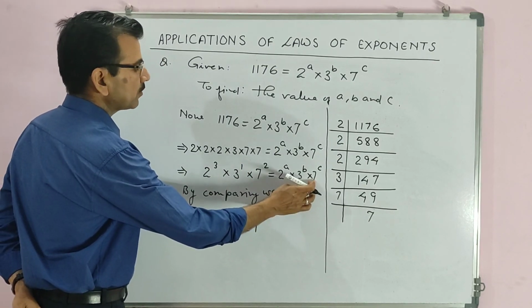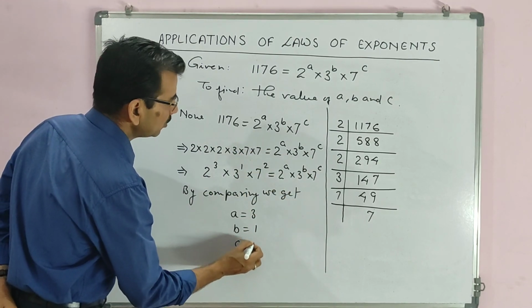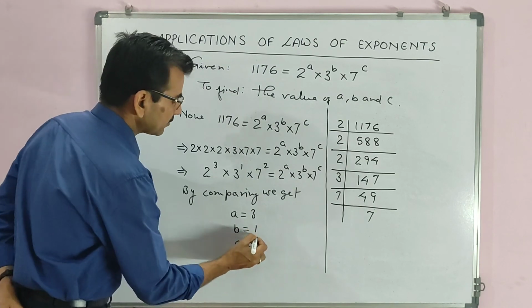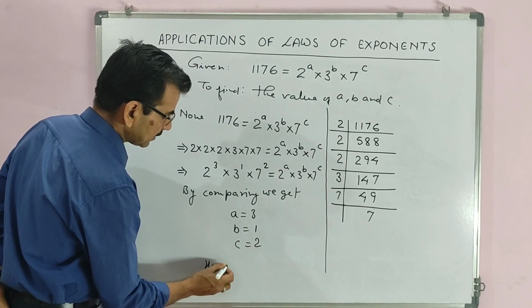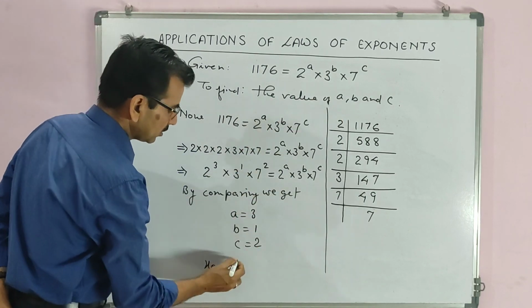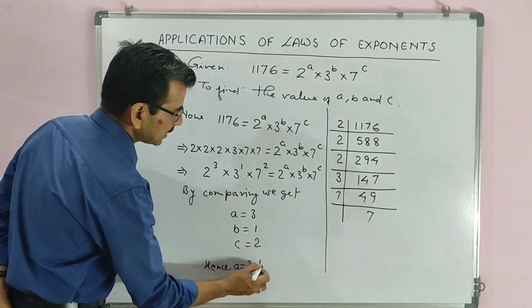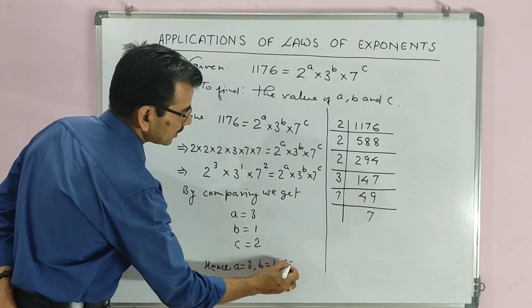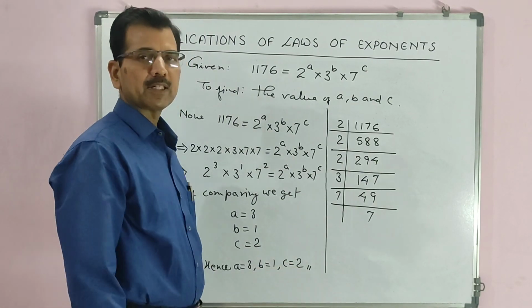And the power of c when we compare both sides, c is equal to, what is it? 2. Yes, very good. And now we write hence, since it is asked to find the value, hence a is equal to 3, b is equal to 1 and c is equal to 2. Okay? And this is our answer.